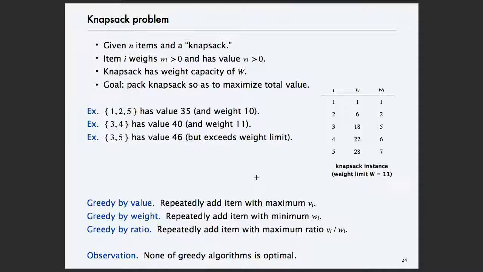The knapsack problem is similar to some of the scheduling things, but they put it as you find gold or gems or something. You find treasure, you have to put stuff in your knapsack. There is a weight limit to how much you can carry. What do you put in?